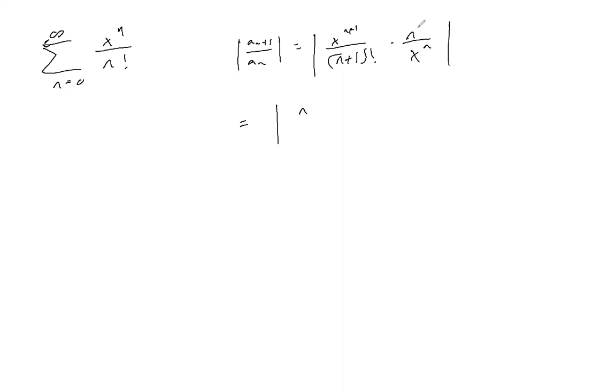This should be n factorial over (n+1) factorial, which simplifies to 1 over n plus 1. And then x to the n plus 1 over x to the n equals x. So what is the limit of this?